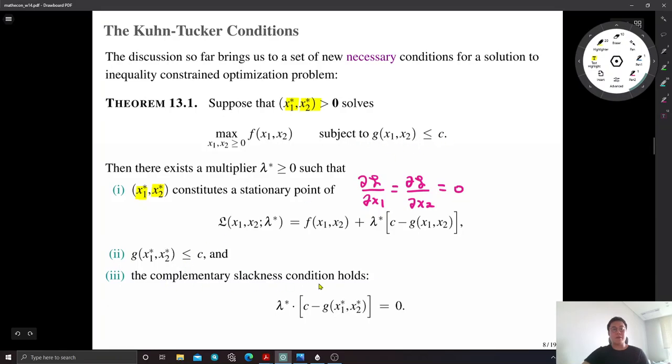And finally, the complementary slackness condition must hold. So we have to check these three conditions. That is going to be the first step for finding a solution to constrained optimization in the presence of inequality.